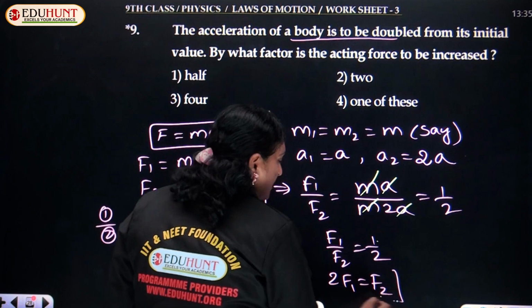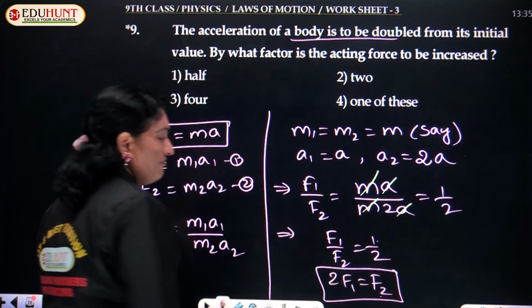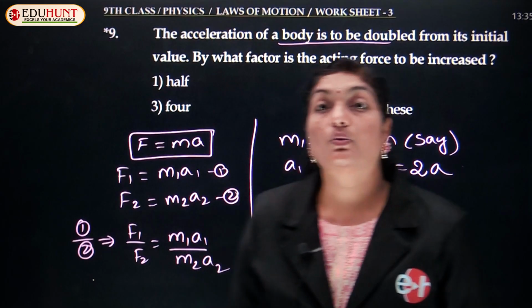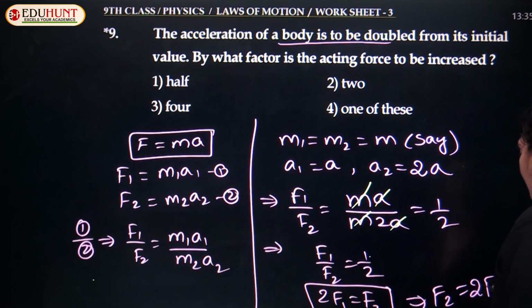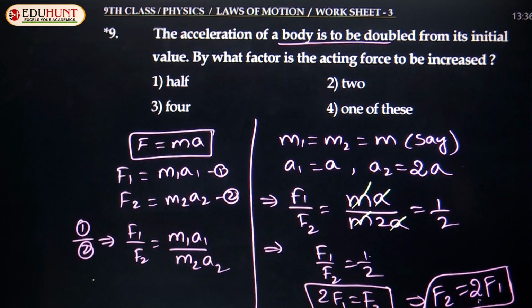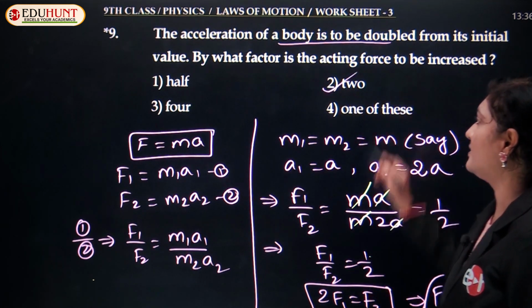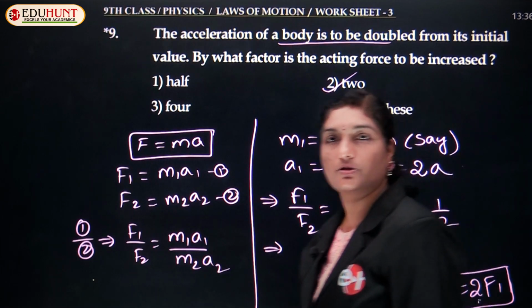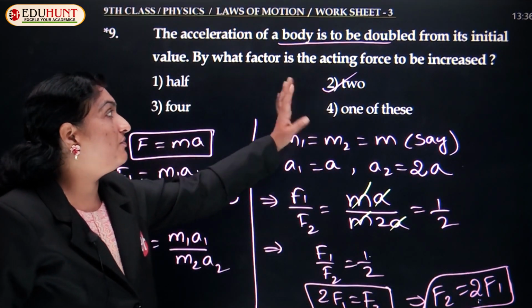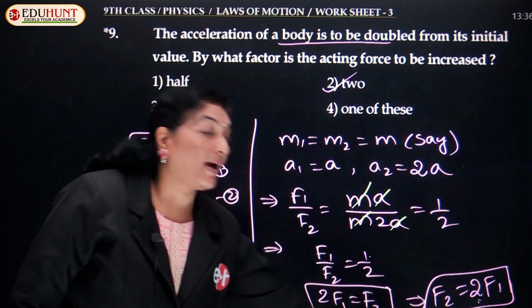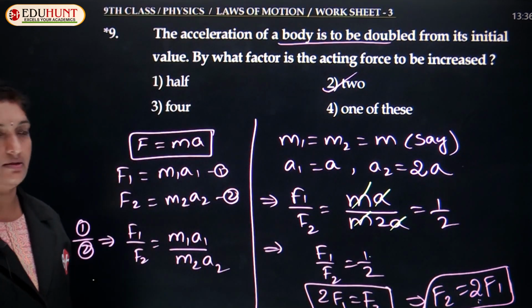So F2 is found to be 2 times F1. F2 is equal to twice the force. This implies F2 is equal to 2 times F1. So how much did it become? It became twice, 2 times. So the correct option must be option 2. By what factor is the acting force increased? It increases by 2 times.